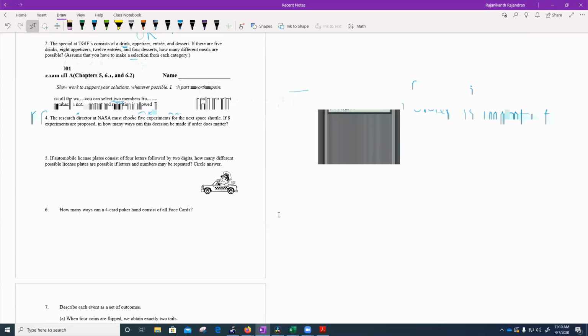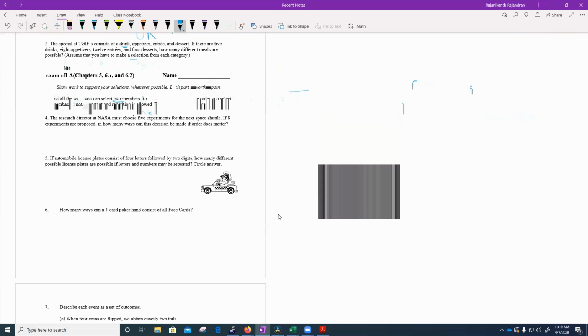Number 4. The research director at NASA must choose 5 experiments for the next space shuttle. If 8 experiments are proposed, in how many ways can this decision be made if the order is important? So order matters. Therefore, you have to use the nPr formula.